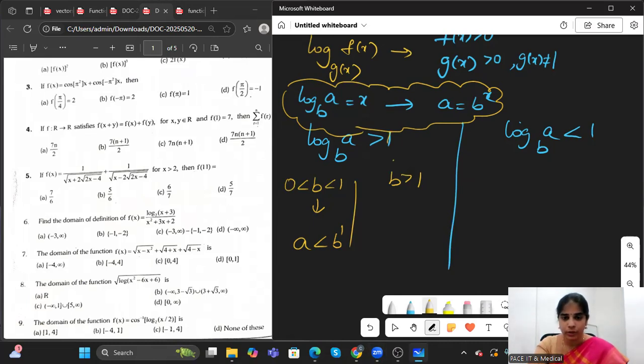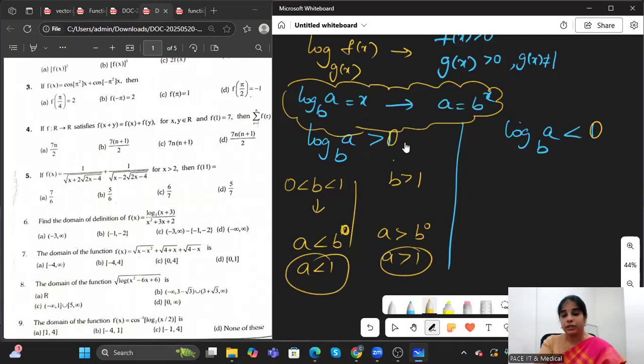Greater than or equal to 0 is what we will consider here. Sorry. So b to the power 0, that is 1. So that will be a is less than 1. Here, when the base is greater than 1, it goes with the same inequality. So b is greater than b to the power 0, that is a is greater than 1 there.